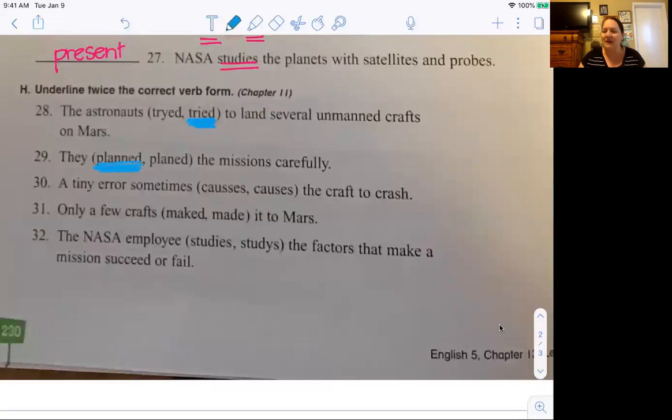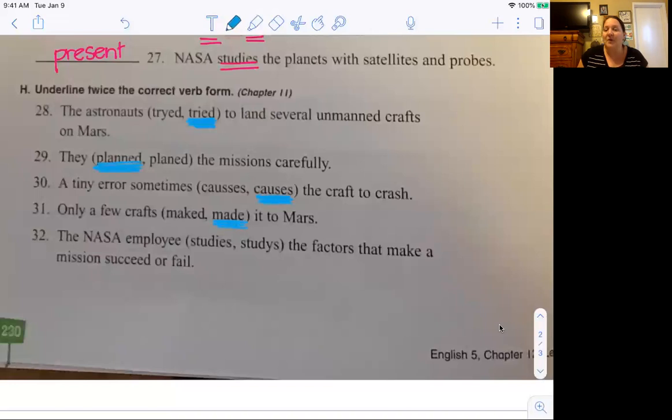Do we do a double S there? Nope, we don't. Causes. 31, only a few crafts made it to Mars. Made.